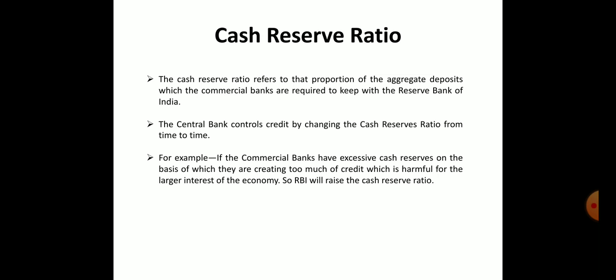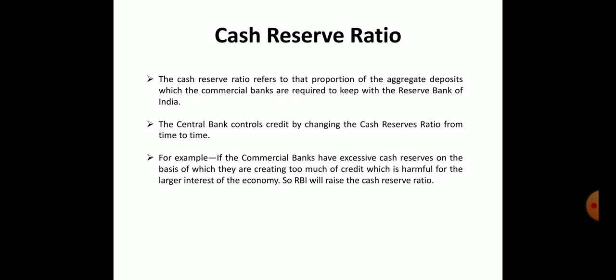For example, if commercial banks have excessive cash reserves on the basis of which they are creating too much credit, which is harmful for the larger investment of the economy, RBI will raise the cash reserve ratio.